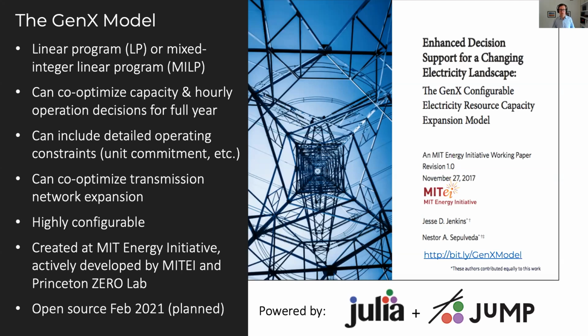a model called GenX, which, like Switch and PyPSA, is a kind of state-of-the-art and very flexible LP or mixed integer linear programming model to capture all the sorts of challenges we need in terms of spatial and operational and temporal complexity for power system modeling in a changing landscape with high shares of variable renewables and deep decarbonization goals.